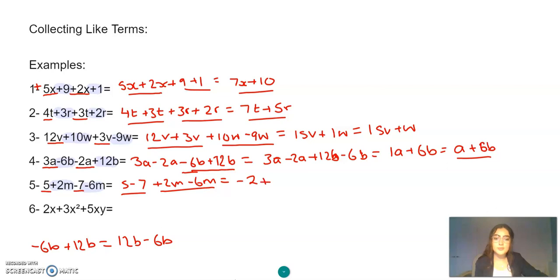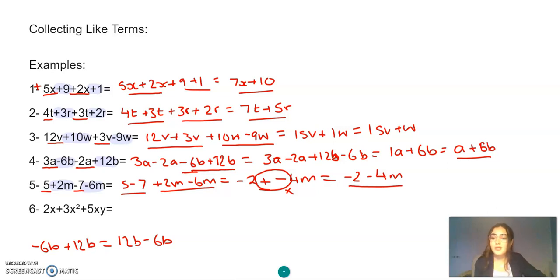And here, positive 2m take away 6m leaves us with negative 4m. What you must never do in this scenario is what I've done here, write it as plus minus. That is overly complicated, and it's the same as just a minus sign, so it's a lot nicer to write it like this. You can just get rid of that plus sign altogether because plus minus is the same as minus. So this is our final form.